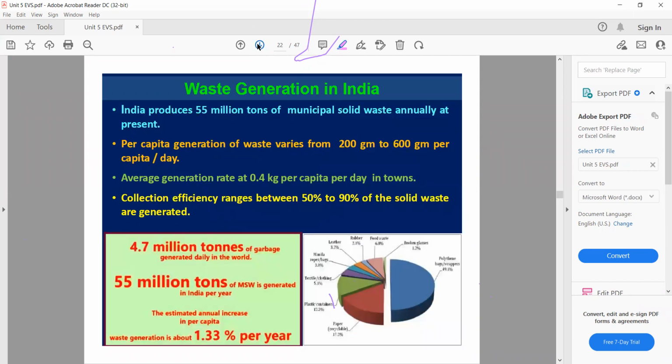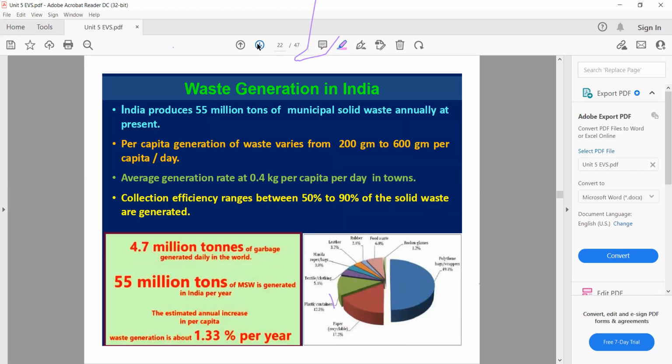India produces 55 million tons of municipal solid waste annually at present. Okay. Per capita generation of waste varies from 200 grams to 600 grams per capita per day. We should know a little about the waste generation as well. Average generation rate of 0.4 kg per capita per day is noted in towns.